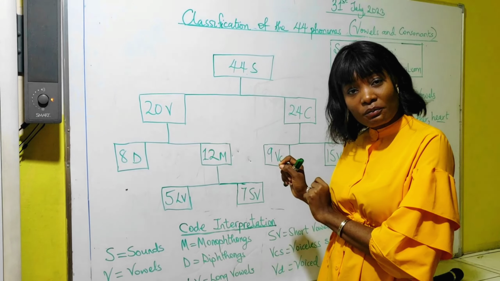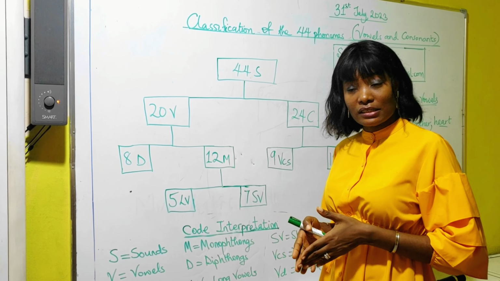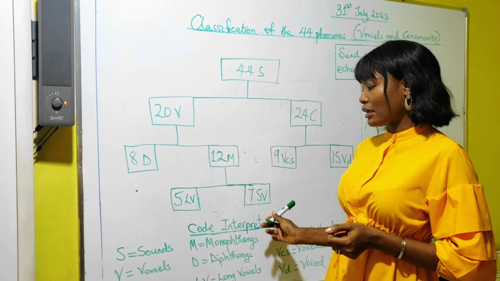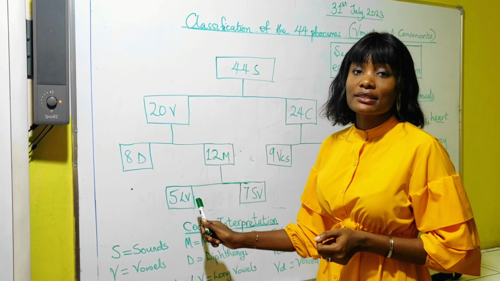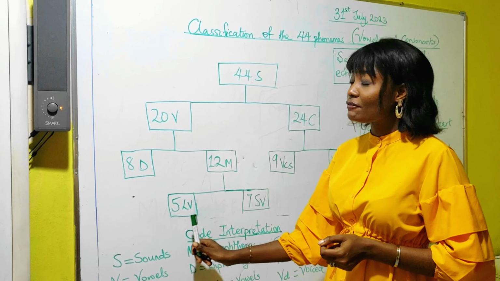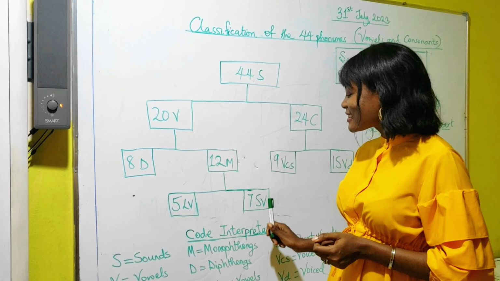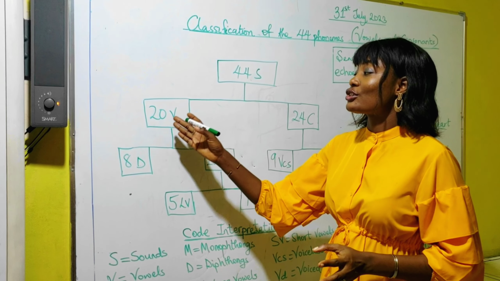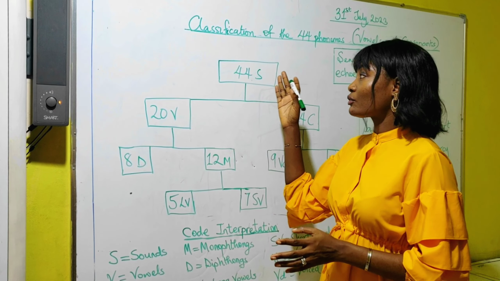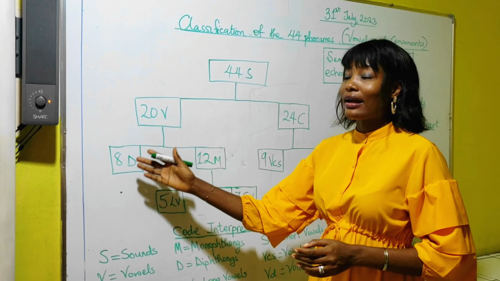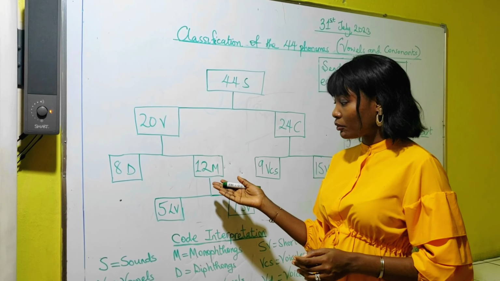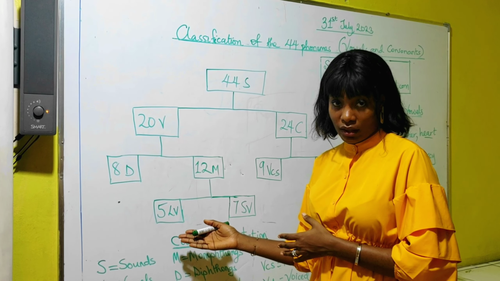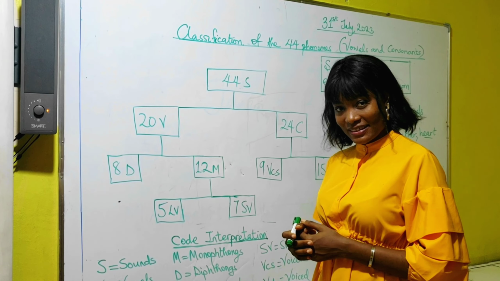Now those 12 monophthongs are further divided again into two. We have 5 LV and 7 SV. Now the L here stands for long. So we have 5 long vowels and 7 short vowels. So that is to say, 20 vowels out of the 44 sounds are 8 diphthongs, 12 monophthongs, and the 12 monophthongs are made up of 5 long vowels and 7 short vowels.